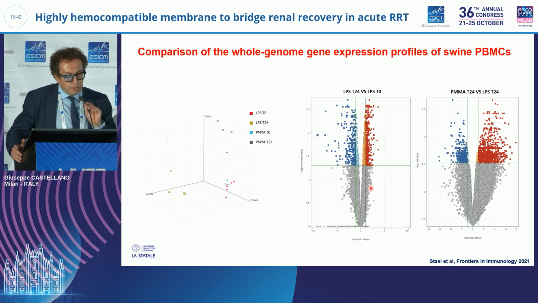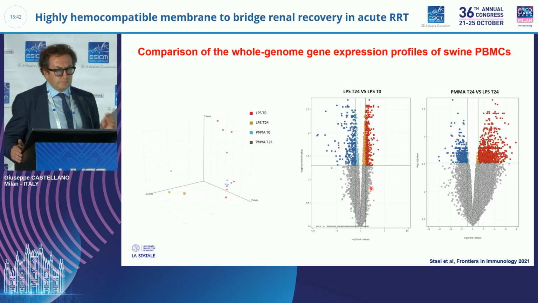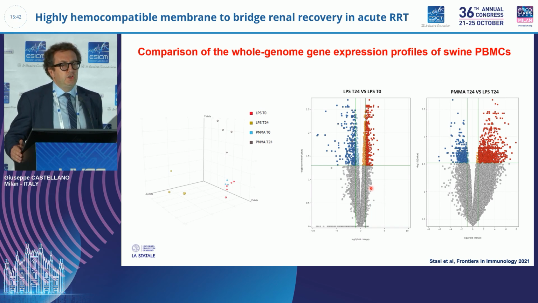We used also another approach, investigating by microarray the activation of circulating leukocytes. In this complex system, you see the comparison of the whole genome gene expression in swine leukocytes.